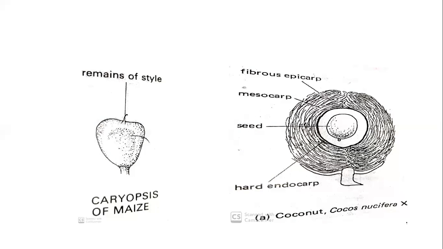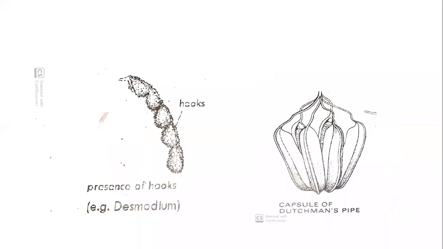Now, I gave an assignment the last time. I don't know whether you have done it, but I'll still give it out to you to look out for the differences between fruits and seeds. Very important difference between fruits and seeds. Now, one thing that I also left out is the fact that a fruit has two hilum.